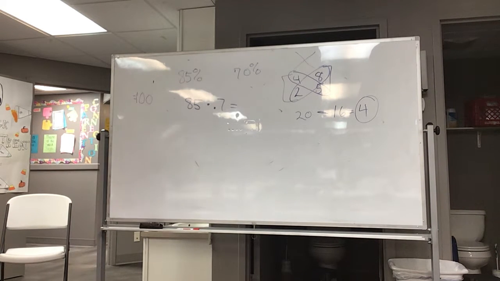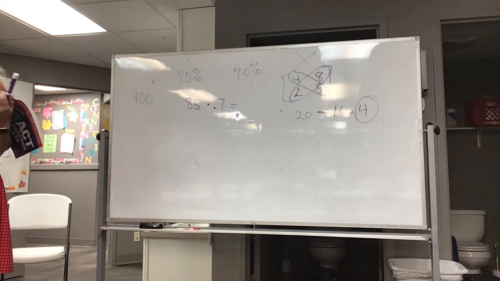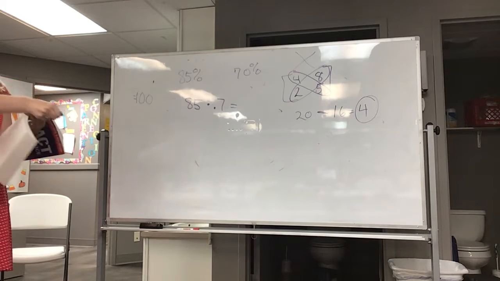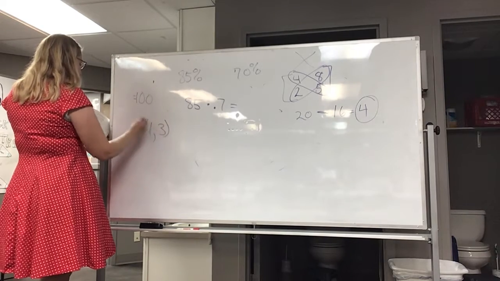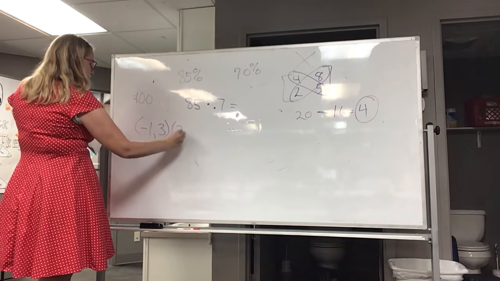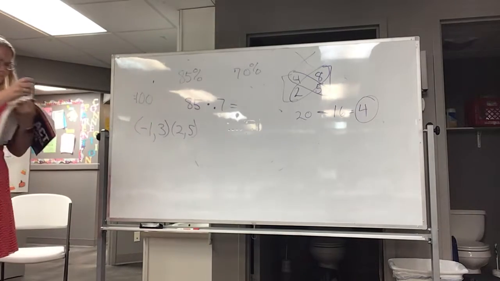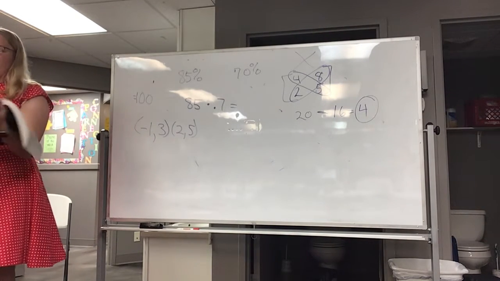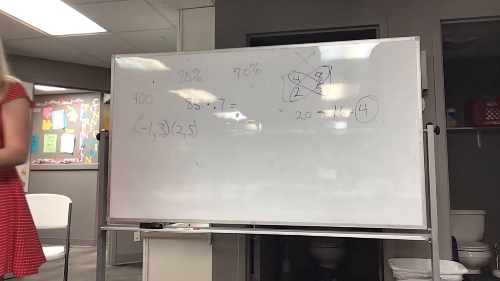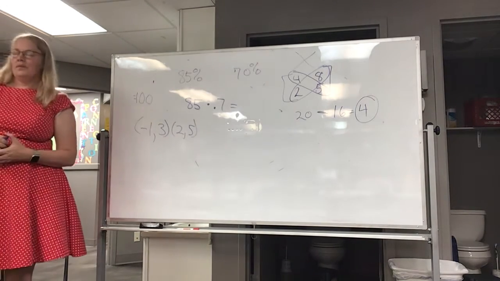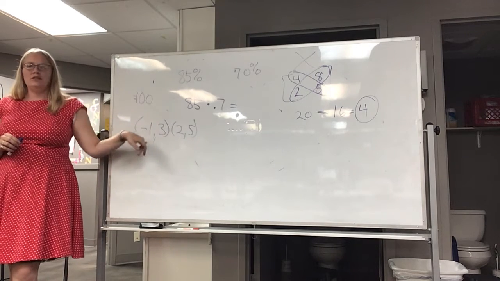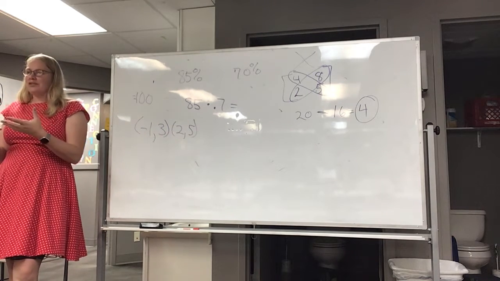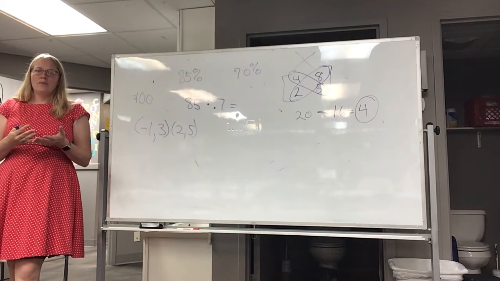Yes. Okay, so this one is the coordinates of the midpoint of a line segment with endpoints -1, 3, and 2, 5. So, favorite memory device on this one. The midpoint is the middle, and the middle is the average. If you are looking for a midpoint, you are finding the average of x and the average of y.